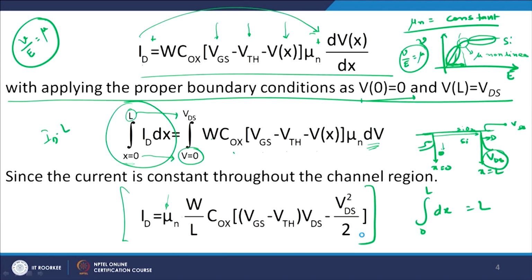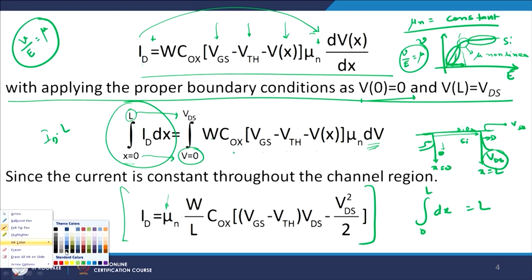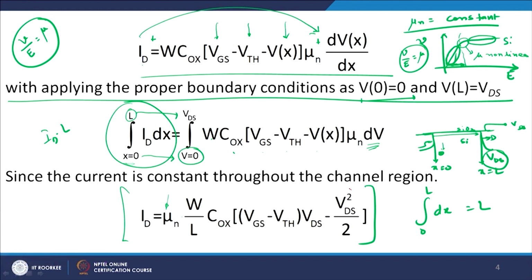Now you see here, quite interestingly, that the drain current is not a linear function of VDS. It would have been so had this term not been there, then I would have experienced that ID is almost proportional to VDS, and therefore there would have been a linear increase.